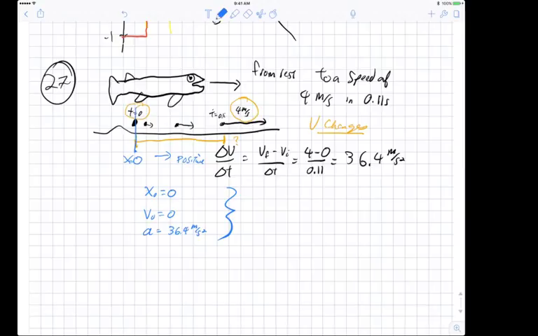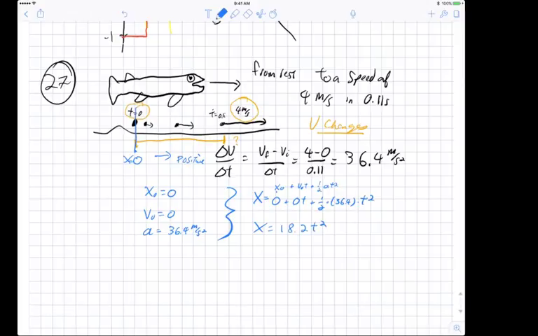I'm going to put these into the equations. x is equal to x0 plus v0 t plus 1/2 a t squared. So that's 0 plus 0 t plus 1/2 times 36.4 times t squared. I'll clean this up a little bit. Looks like that.